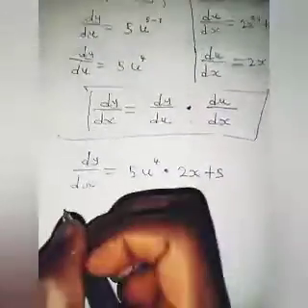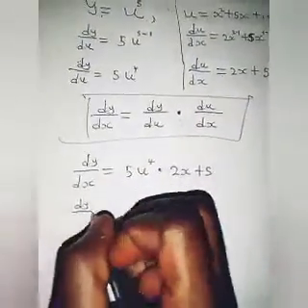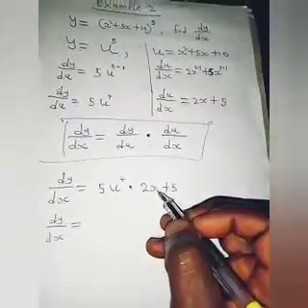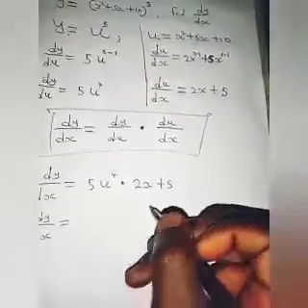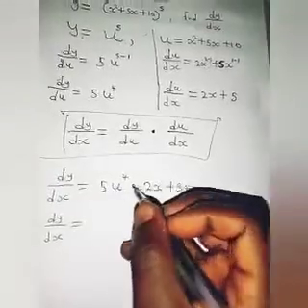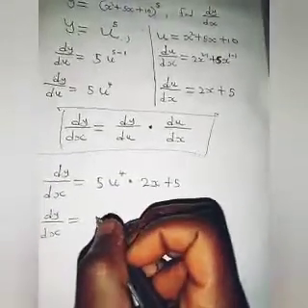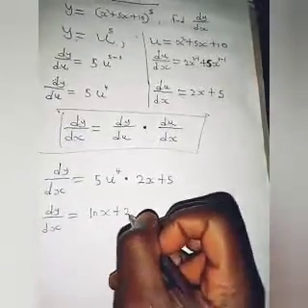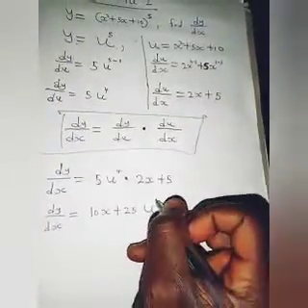So from here, we'll be having dy over dx we equal to, that will give us, we can use this 5 to multiply this, so we'll be having 10x plus 25 into u having power of 4.